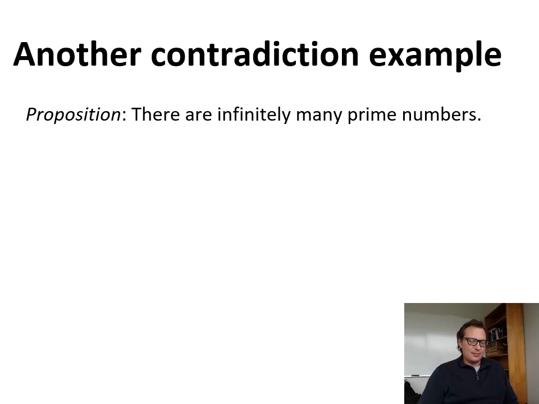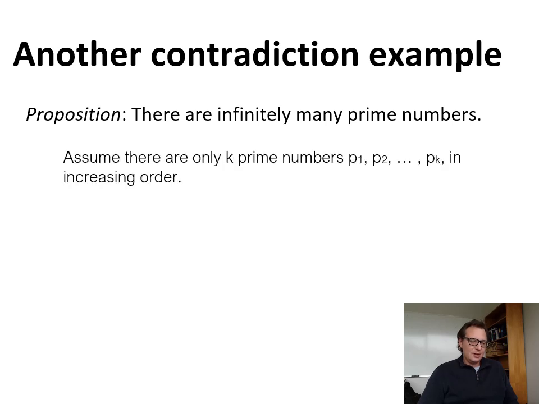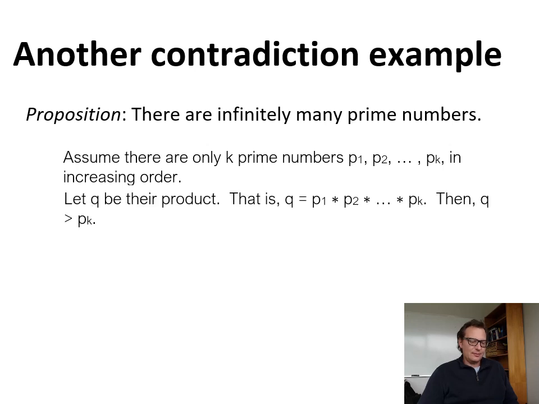Another contradiction example. The proposition is that there are infinitely many prime numbers. Okay, so we'll assume the contrary. So we assume that there are only k prime numbers, p1 to pk, in increasing order. And now we want to derive a contradiction. So let q be their product.